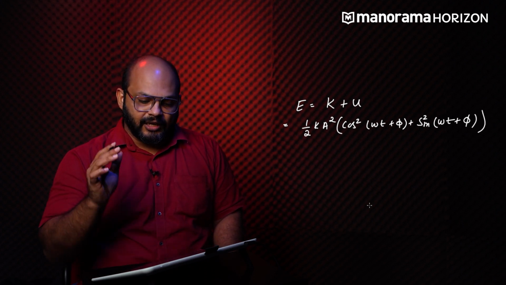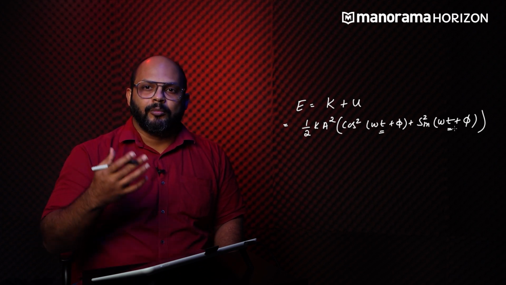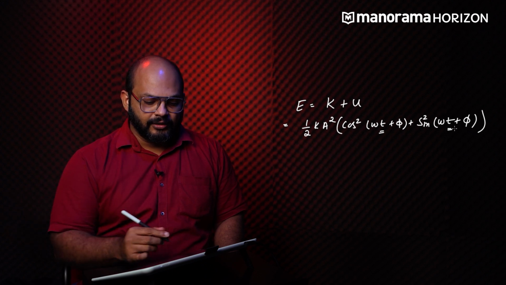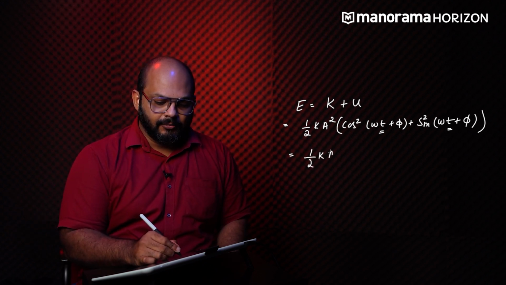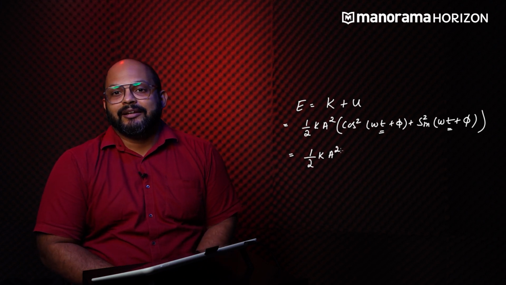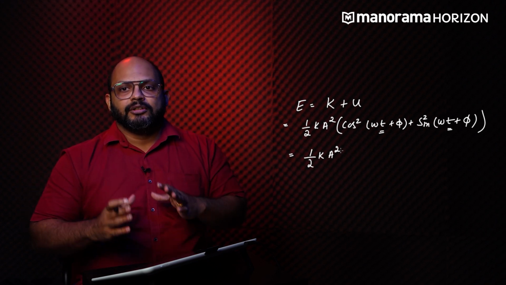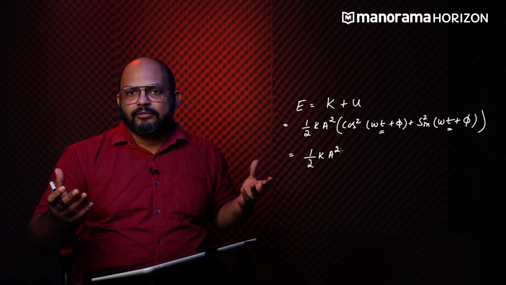As you can notice, the arguments in both the trigonometric functions are identical. So we can use the commonly used relationship sine square theta plus cosine square theta is equal to 1. So we get a simple relationship: half multiplied by k multiplied by A square as the total kinetic energy plus potential energy, or the total energy of a system undergoing simple harmonic motion.